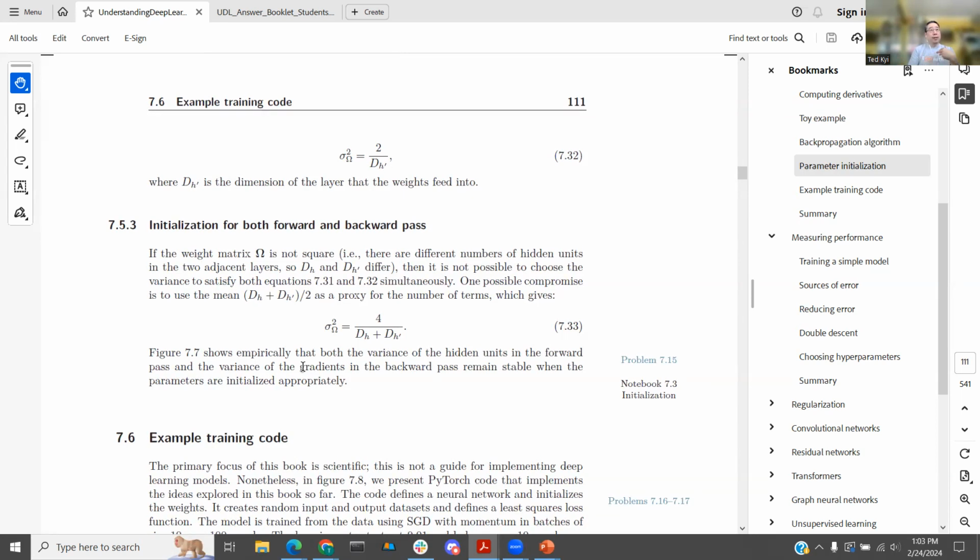And so what Greg Yang says in this Tensor Programs 5 paper is that, based on the number of nodes coming in, if it's bigger, then you use a smaller learning rate. If it's smaller, you use a bigger learning rate. And you can basically normalize the gradients based on how many nodes there are in your adjacent layer.